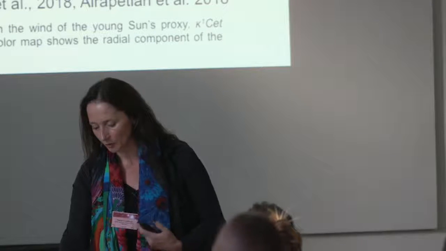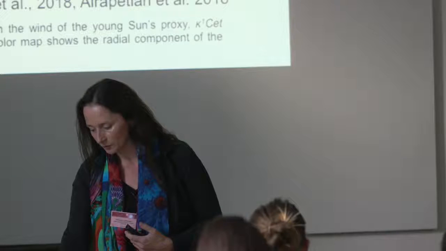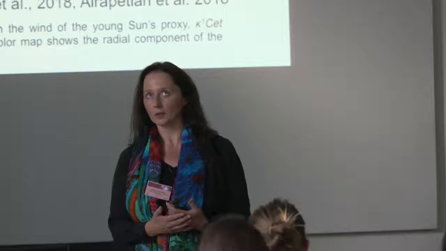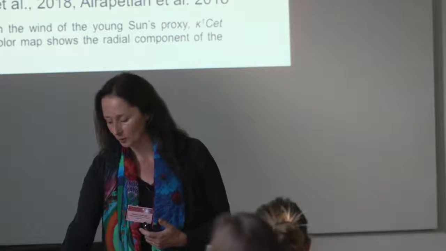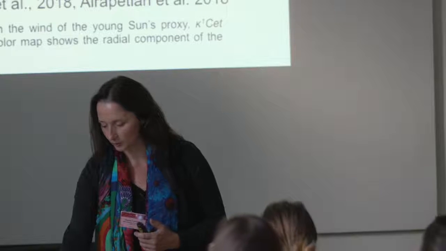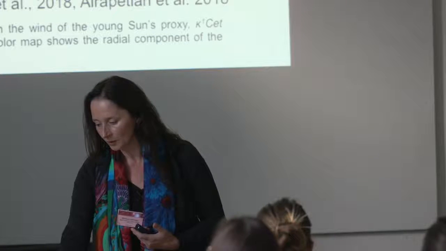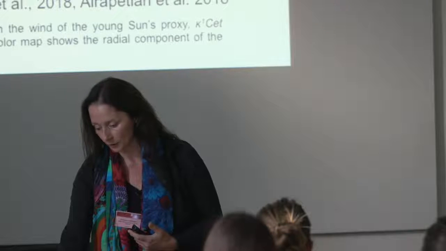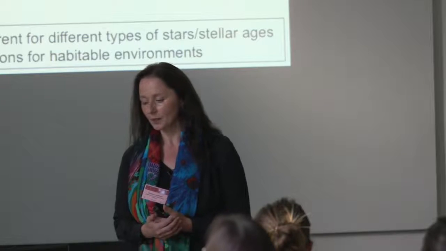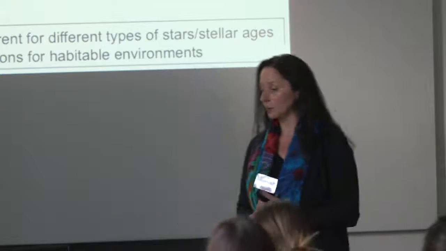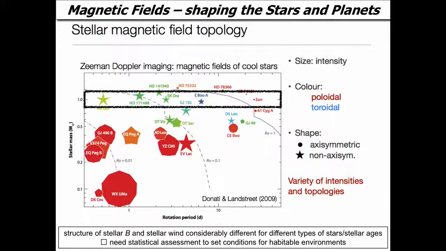So we need to somehow model them and try to get as well-determined conditions as possible around young solar type stars, for example, to get a clue on what conditions the Earth was facing in the past. So this mapping work is done by quite a few people meanwhile, and there have been several observational sets together, statistics were done and put together.